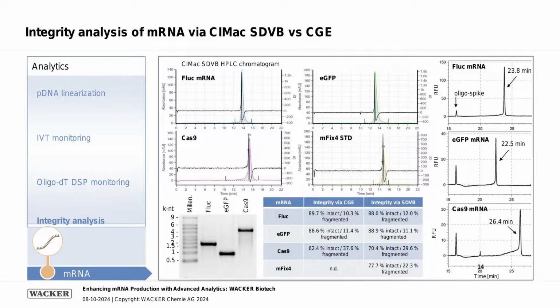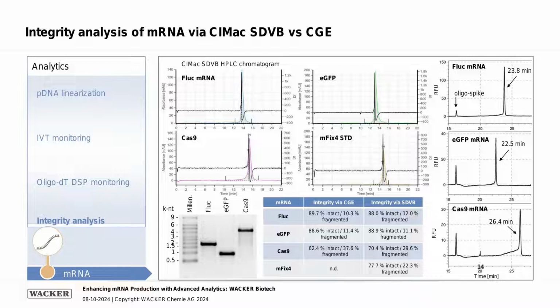We used this method for integrity analysis, and there was a nice comparative study by BS Separations last year in Cell and Gene Therapy Insights, where they compared integrity analysis using SDVB versus CGE.